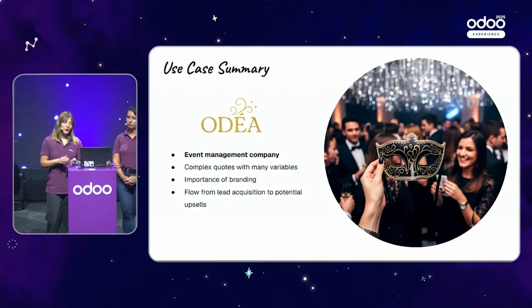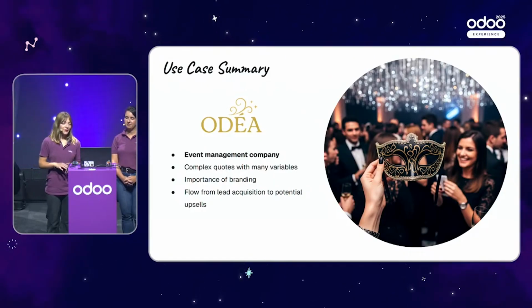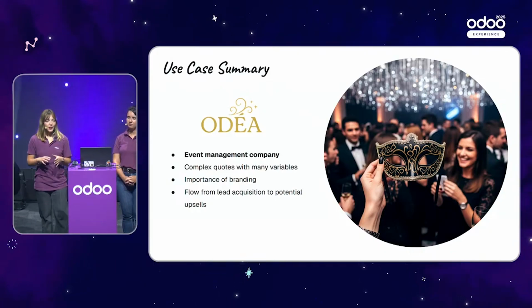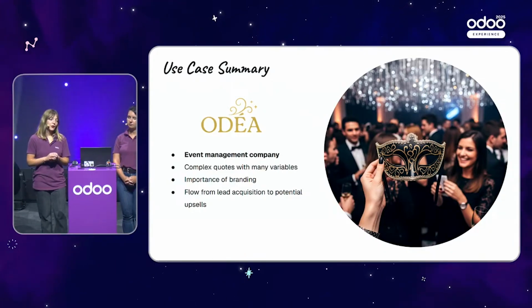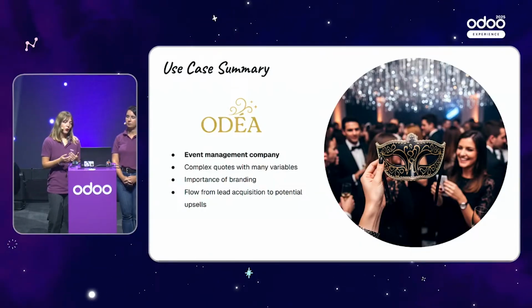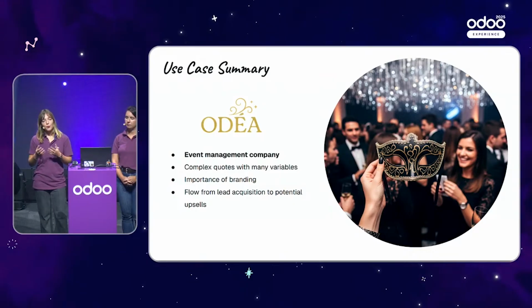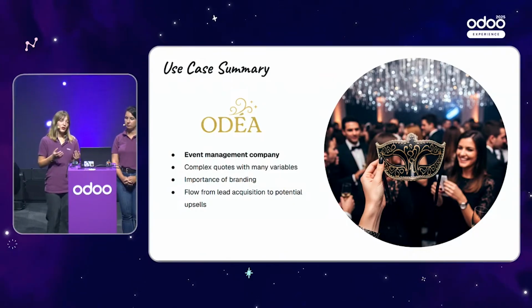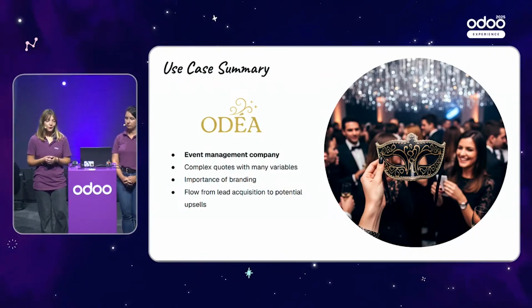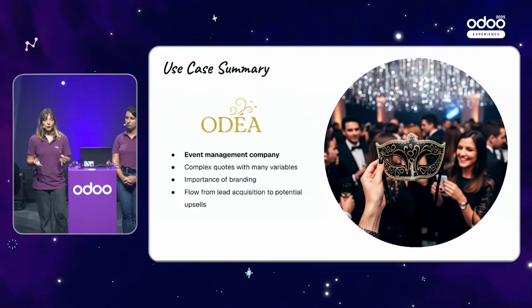Fortunately, we have Odoo to do that for us, and that's one of the things that we are going to see today. Another important thing is that we are a high-end event company, so our branding has to be aligned with our offering. To do this, we pay a lot of attention to the appearance of our quotes, our documents in general, and our communication. In terms of roles, I am the newest addition to the Odoo team.